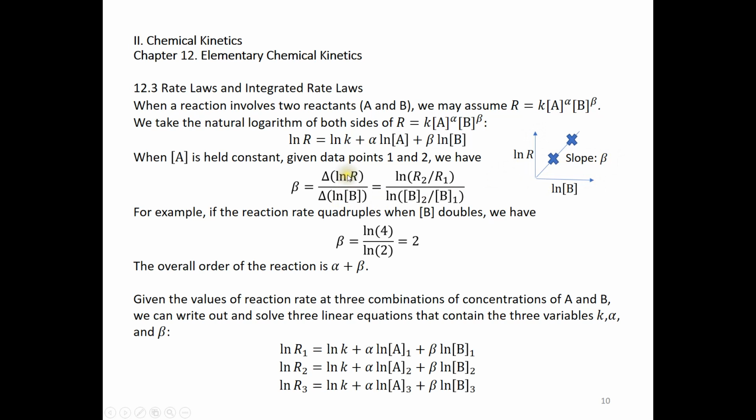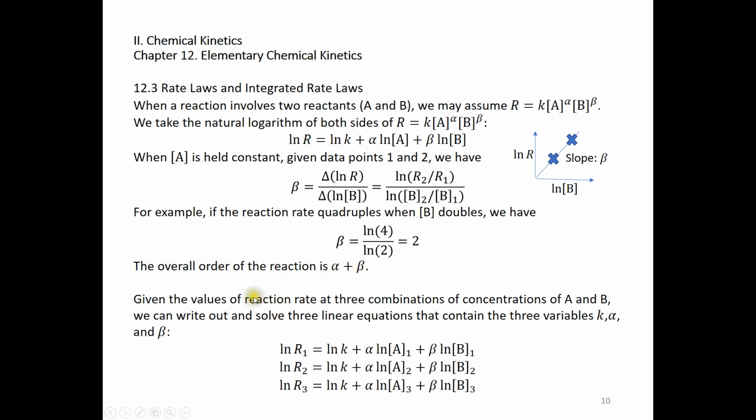If you know the values of the reaction rate at two different concentrations of B, we plug in all the numbers and we get beta. For example, if the reaction rate quadruples when B is doubled, then B2 over B1 is 2, R2 over R1 is 4. Plugging in all those values, beta equals 2. The overall order of this reaction is alpha plus beta.